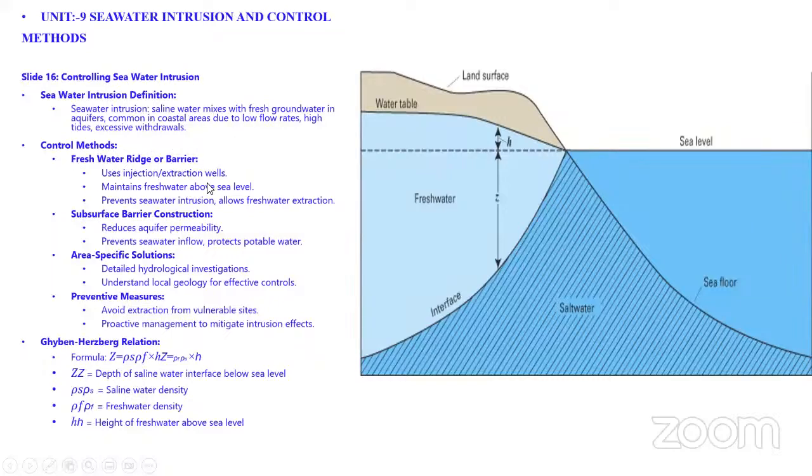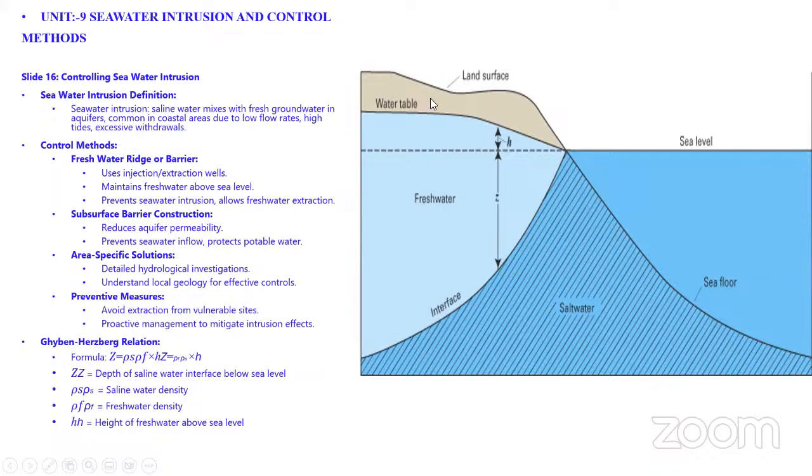And what are the controlling methods? Here we have some methods: freshwater ridge or barrier, subsurface barrier construction, area-specific solutions, and preventive measures. Freshwater ridge or barrier: using injection or extraction wells maintains freshwater above sea level.